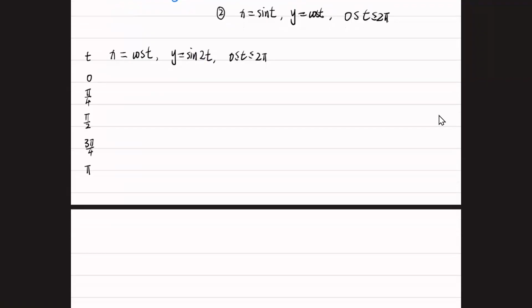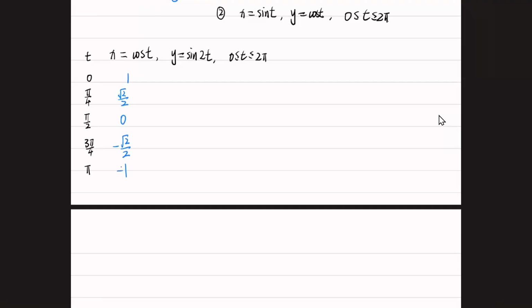It's the first column, cosine t. Cosine 0, what's this? Pi over 4. Okay. Pi over 2. And next one, 3 pi over 4. Pi.